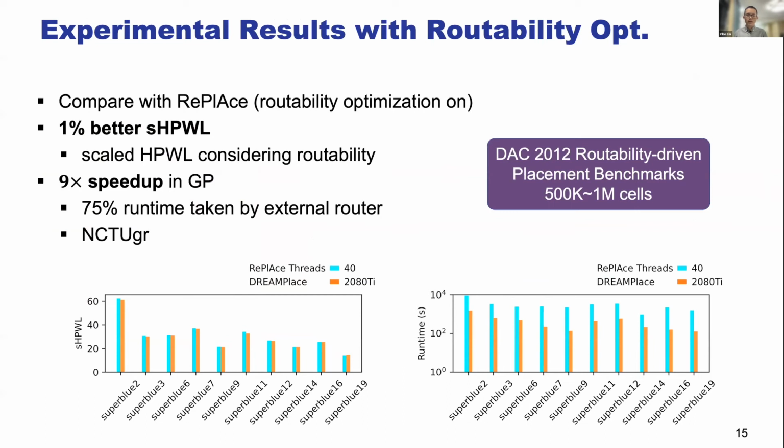Moreover, due to the native support for GPU acceleration, we can achieve 9 times speedup in global placement. Actually, during the global placement iterations, more than 75% of the runtime is taken by calling the external global router.